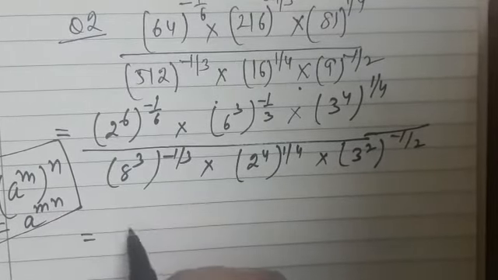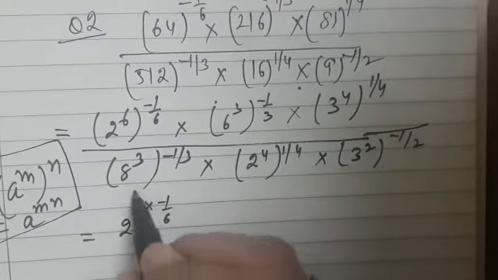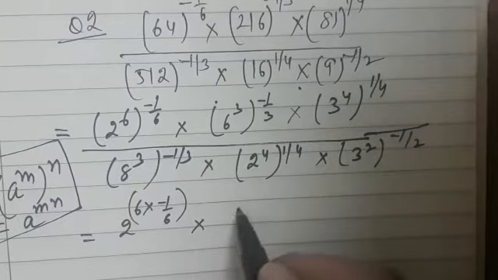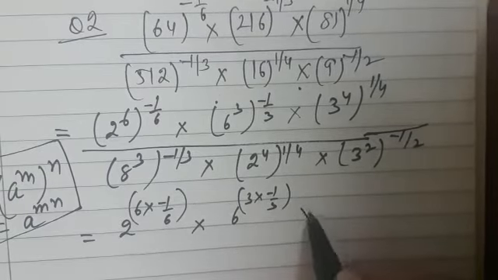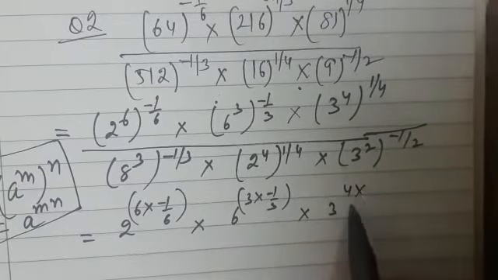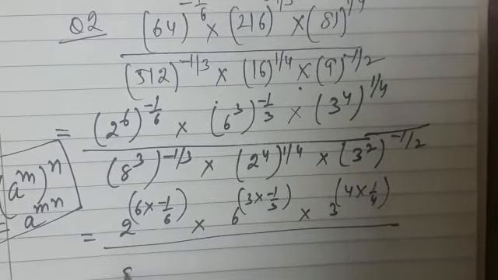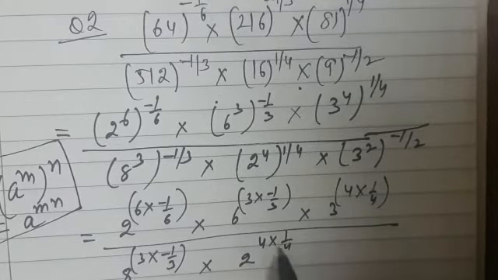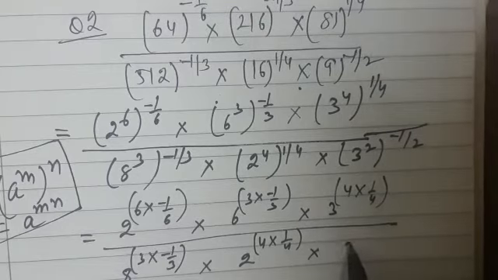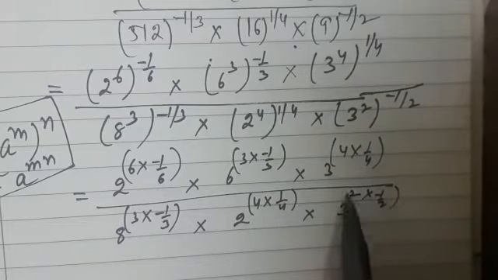So this is equal to 2 raised to the power 6 into minus 1 by 6 into 6 raised to the power 3 into minus 1 by 3 into 3 raised to the power 4 into 1 by 4 divided by 8 raised to the power 3 into minus 1 by 3 into 2 raised to the power 4 into 1 by 4 into 3 raised to the power 2 into minus 1 by 2.